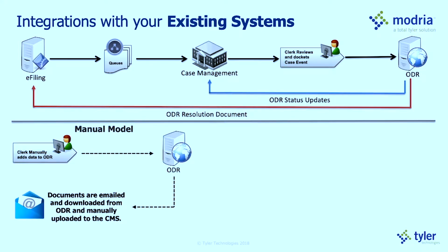Maybe you are changing a case management system. Maybe you don't have the integration process defined yet that you want. So this is what that would look like. You would have the clerk enter that data into the ODR system manually. The amount of information that needs to be added is fairly minimal to get the process started.